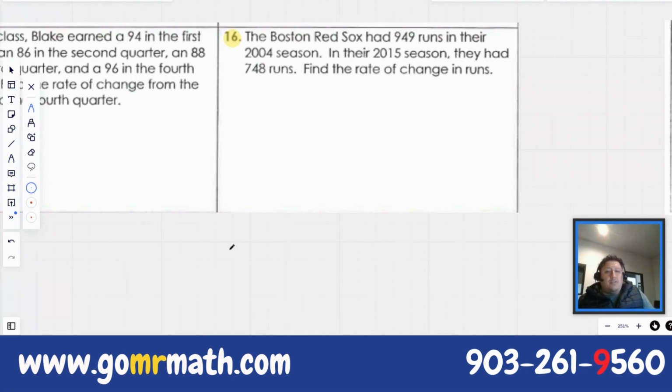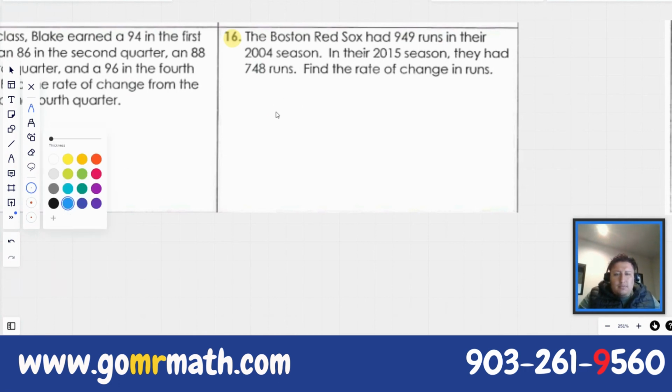Find the rate of change in runs. So 2004, 949. Time is passing, 2015, and we have less runs. So we are expecting a rate of change that is negative. Again, let's build our own table.